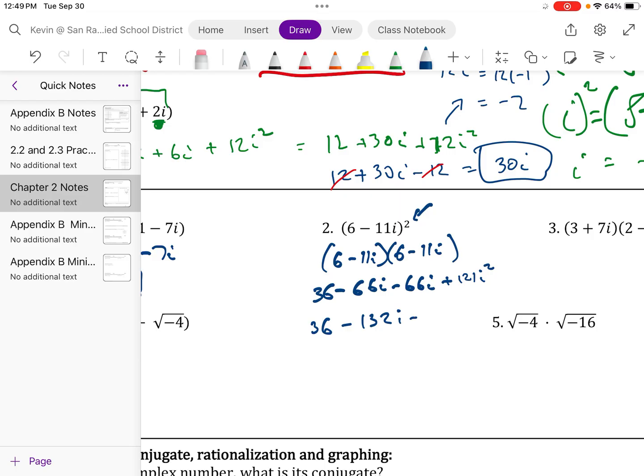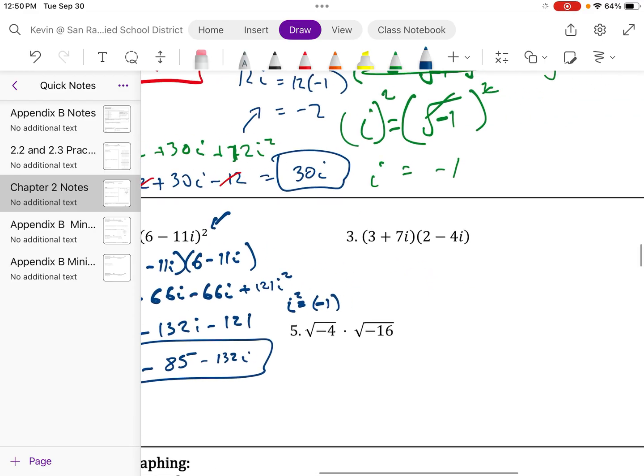And then this is going to be minus, since i squared equals negative 1, it's going to be minus 121. So it gives me negative 85 minus 132i.